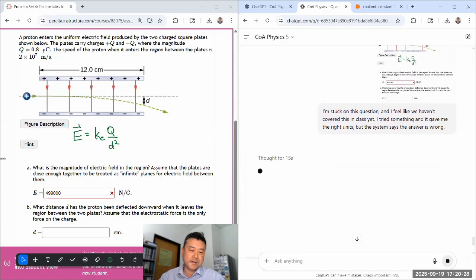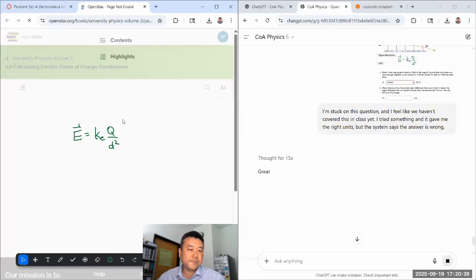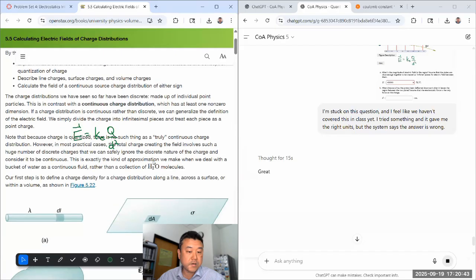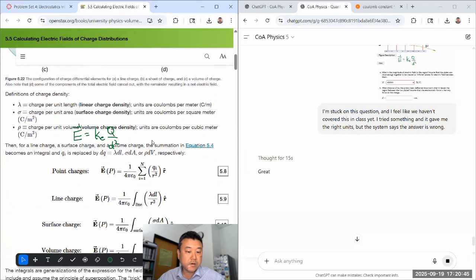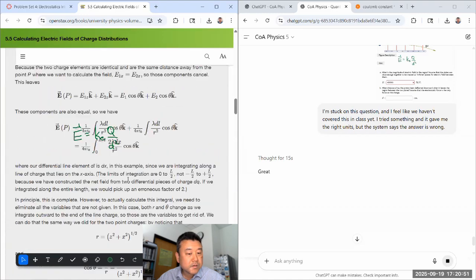Let's hope it'll basically give us the content of a hint. But the thing that you could find from looking at hints, you go to the textbook section, which does the derivation of field due to a plane. Is that the one with the derivation done?